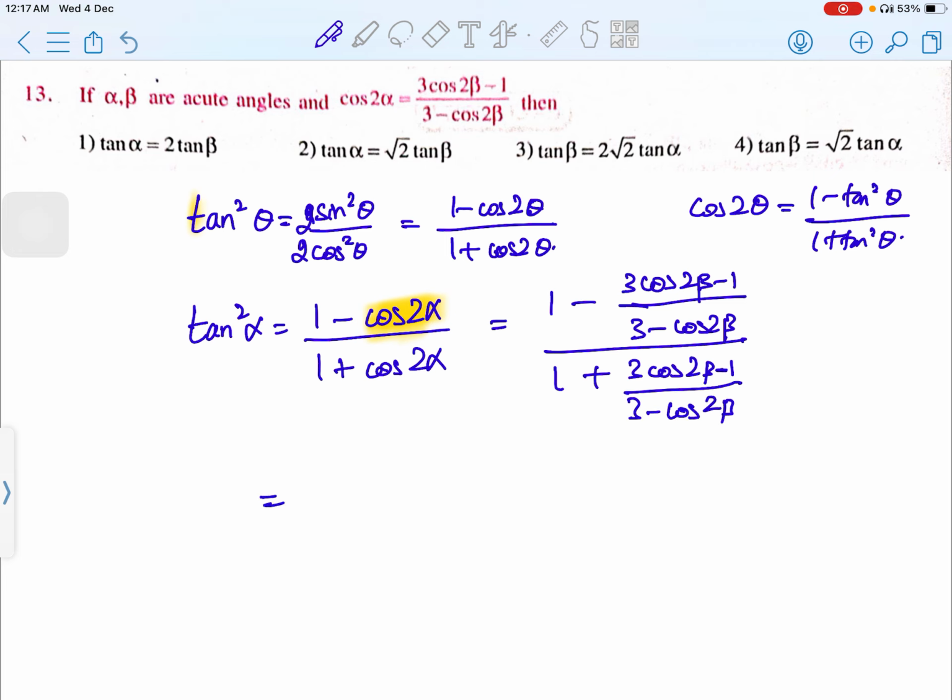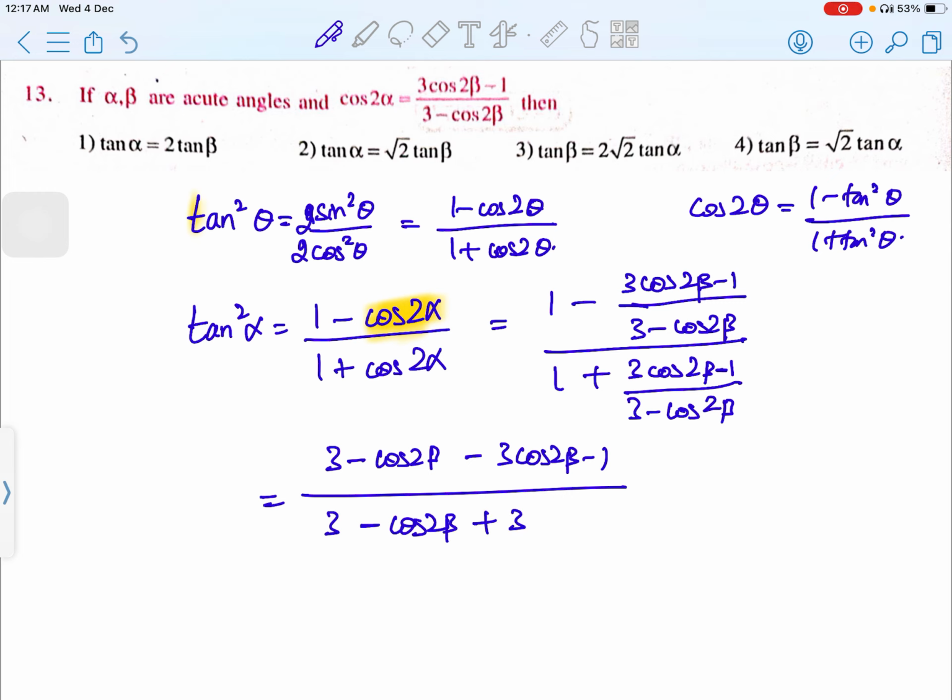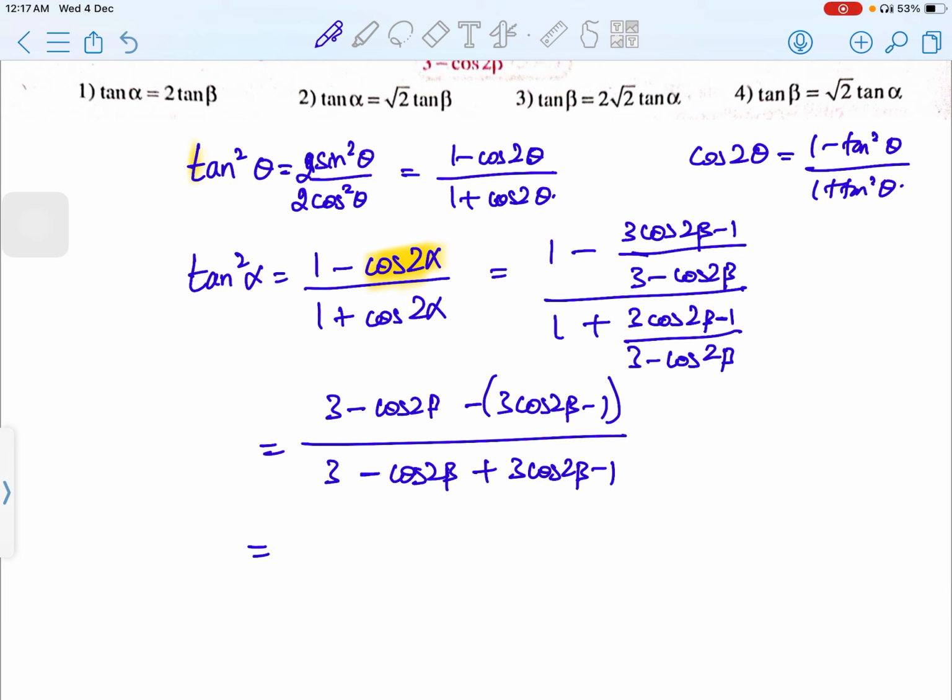Now take LCM. If you take LCM, 3 minus cos 2 beta minus 3 cos 2 beta minus 1, divided by, the denominator will get cancelled, 3 minus cos 2 beta plus 3 cos 2 beta minus 1. Okay, actually here a bracket will be there. So minus of minus, the numerator will become 3 minus cos 2 beta, minus 3 cos 2 beta plus 1.